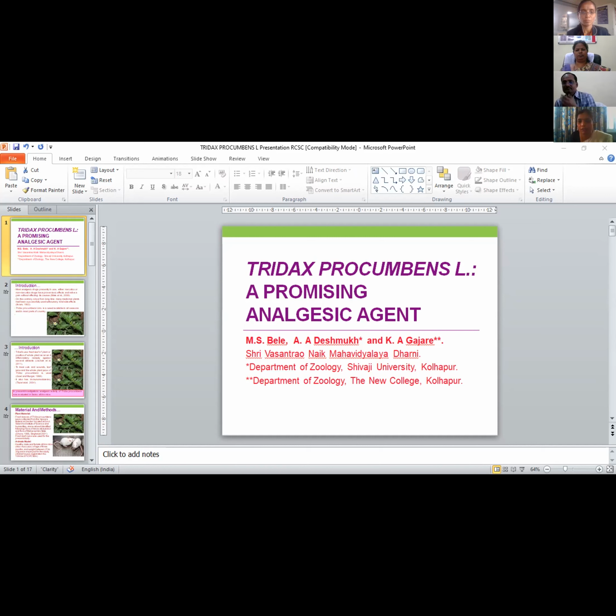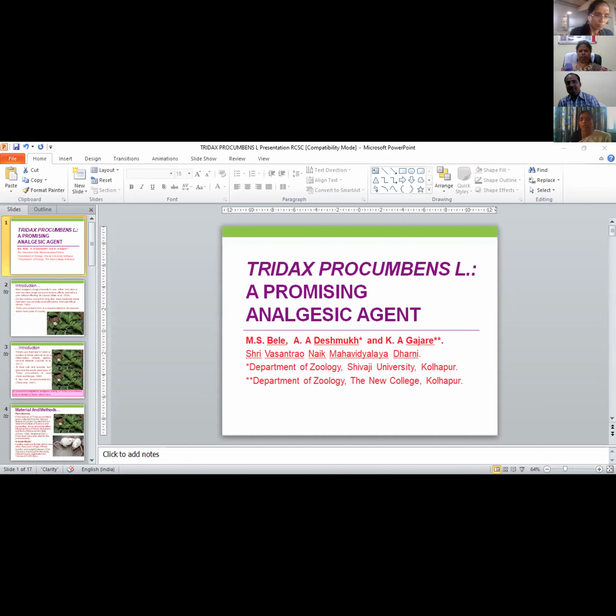Tridax procumbens, as we know, is a weed, as I have shown in the picture, that is widely available. Most tribals and folk people have used Tridax procumbens from time immemorial; they simply apply the juice or poultice on their wounds or inflamed regions.